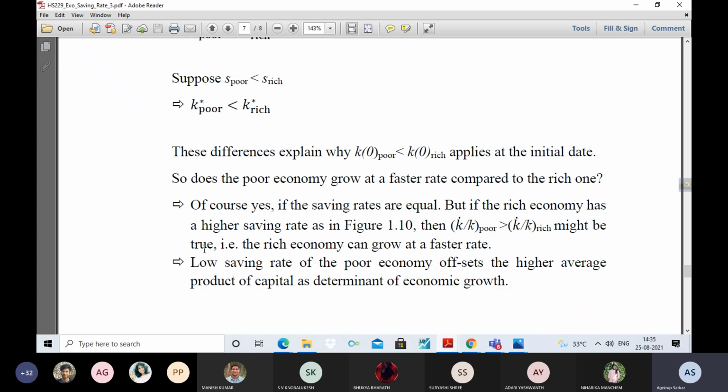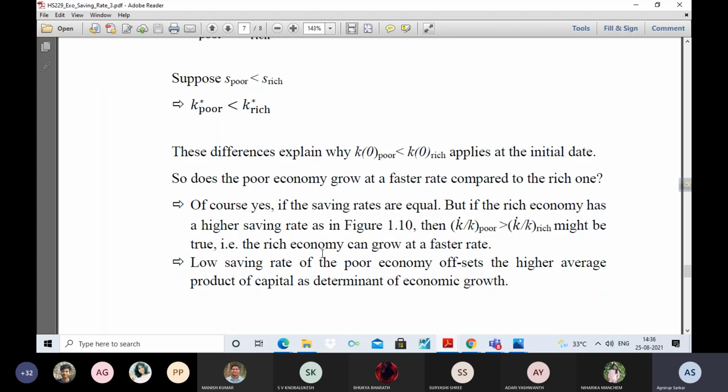Basically, when the low saving rate for the poor economy offsets the high average product of capital as a determinant of economic growth, only then would this happen, right? So the poorer economy would be growing at a slower rate compared to the richer economy. So k dot by k poor less than k dot by k rich might be true.